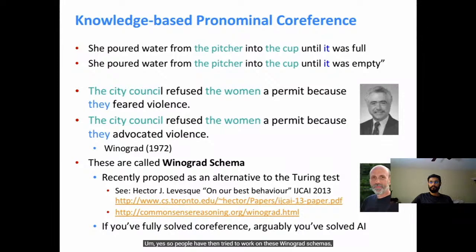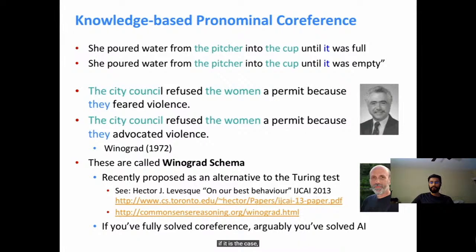Yeah, so people have then tried to work on these Winograd schemas, and Levesque's feeling was that you just couldn't do these using the kind of statistical factors that people put into their machine learning systems. He was partly wrong about that, because subsequent work, both neural systems and otherwise, has shown that you can get a non-trivial distance with these kinds of problems.